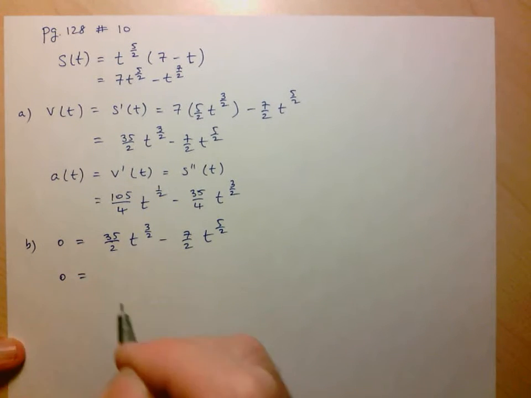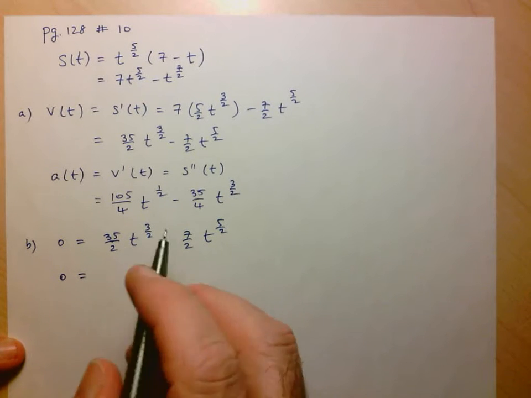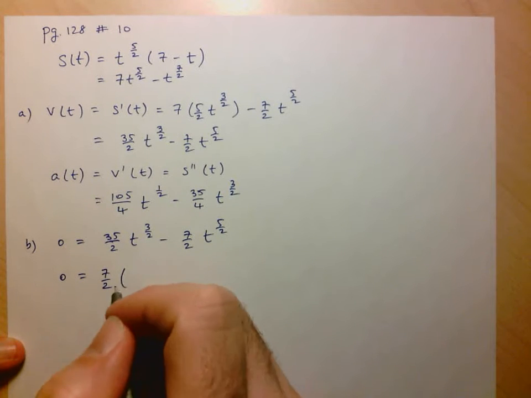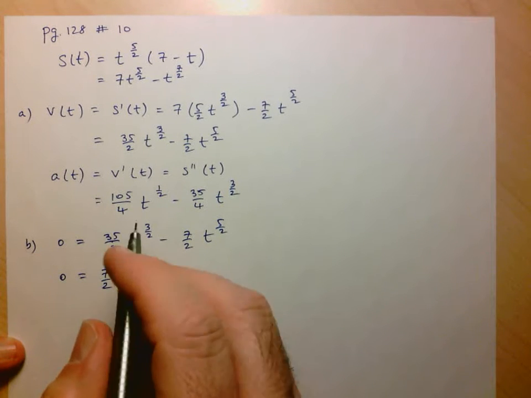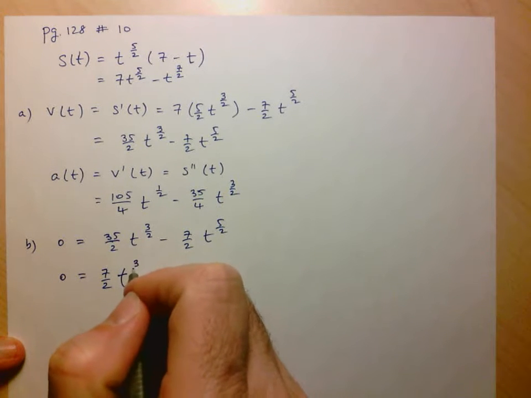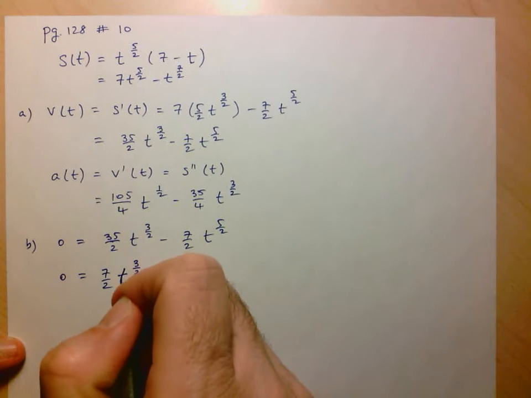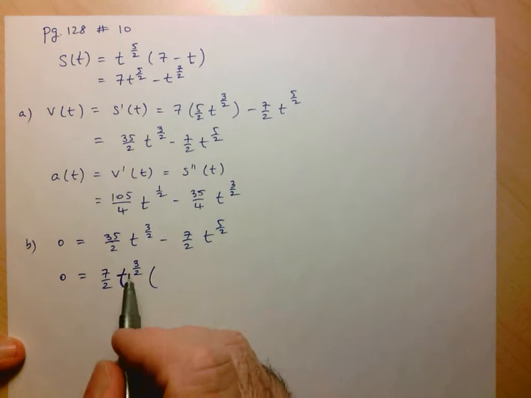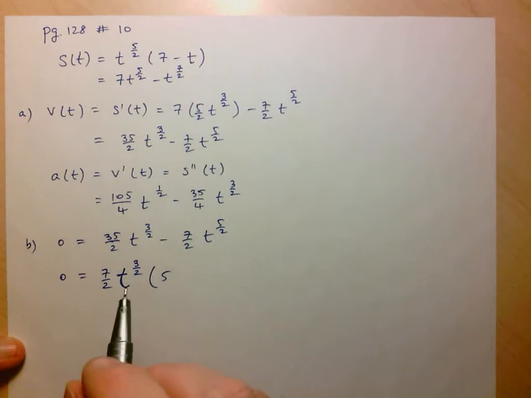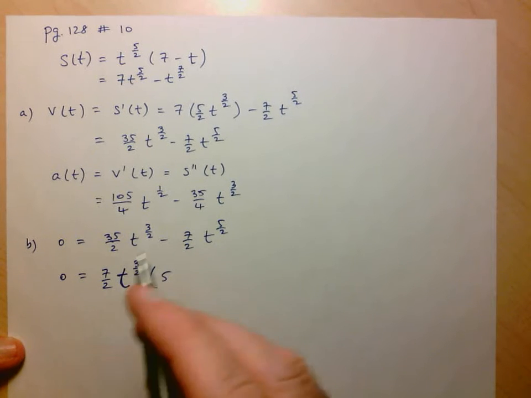I can also factor out some other stuff because they both have a common factor of 7 over 2, so I'll factor out the 7 over 2, times t to the 3 over 2. What we're left with here is still a factor of 5 in the numerator, but the 7 over 2 has been factored out.